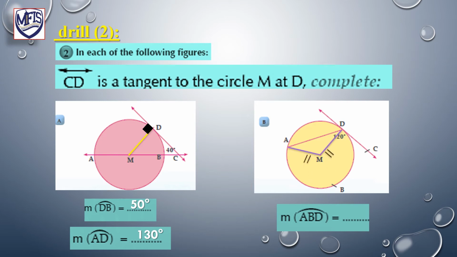So I need to draw a construction. I will draw two radii MA and MD, and the two radii are equal in length. Now, the radius MD is perpendicular to the tangent, as we studied before. This angle MDC equals 90 degrees. But the measure of angle ADC equals 120.